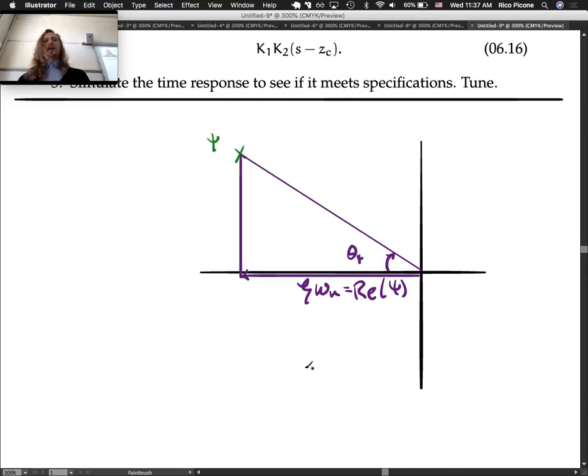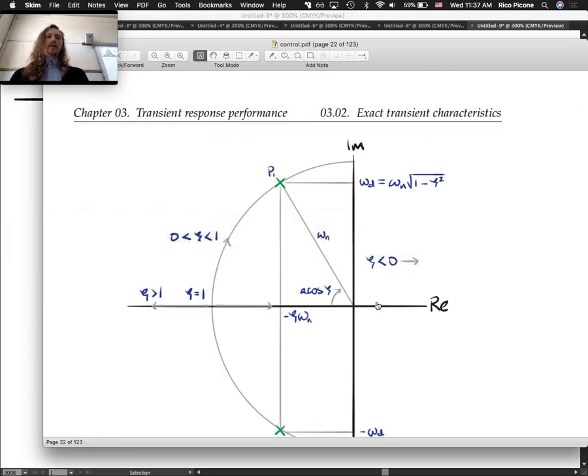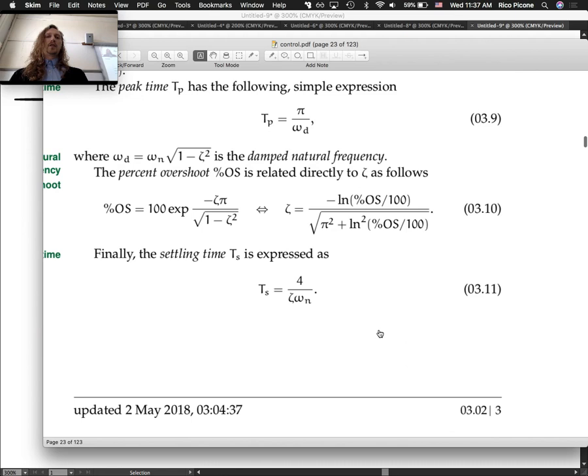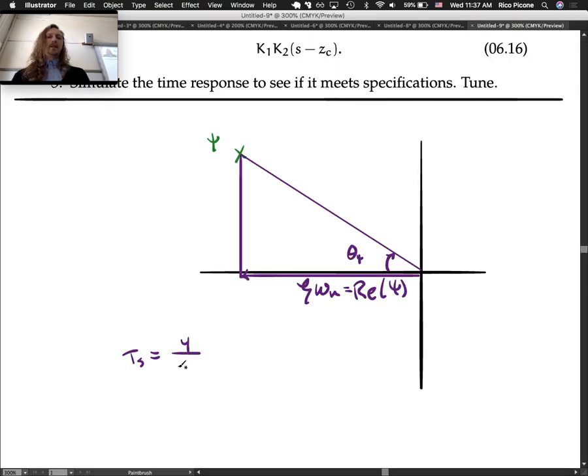Okay, so while that's booting up, let's figure out what the real part is, because that part's relatively easy. We have to find the real part based on our settling time. The formula from equation 3.11 is 4 over zeta omega n, which is equal to 4 divided by the real part of psi.